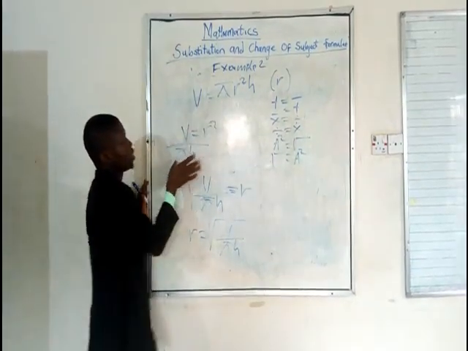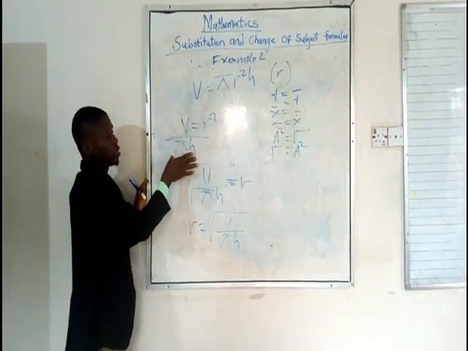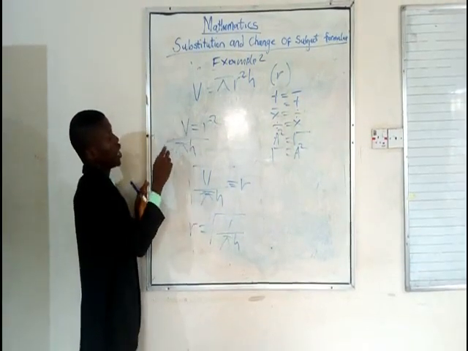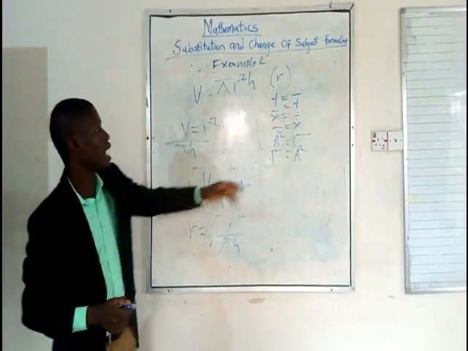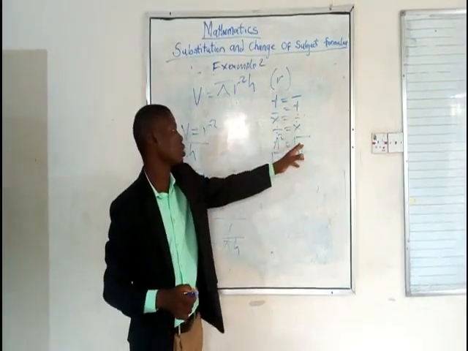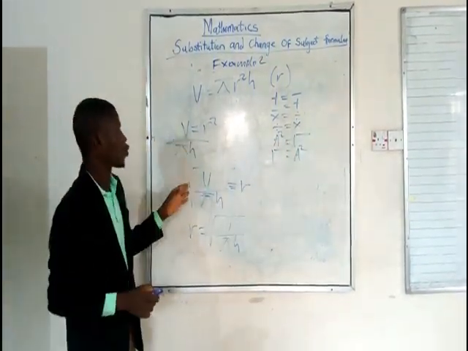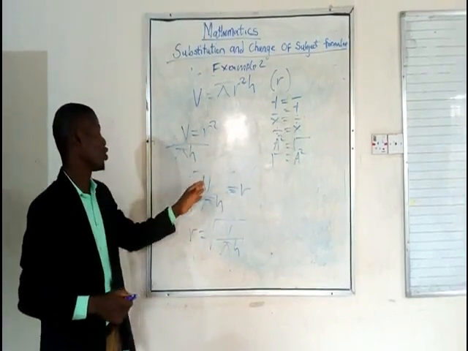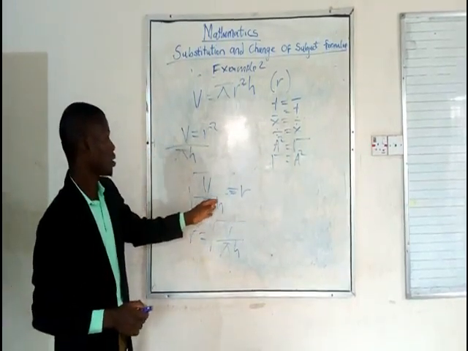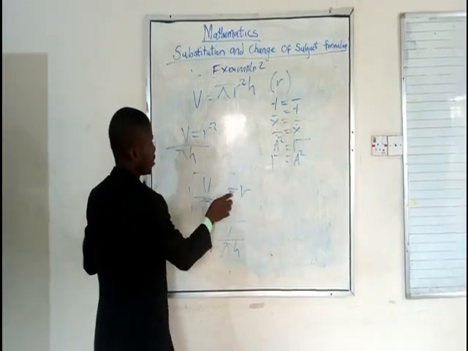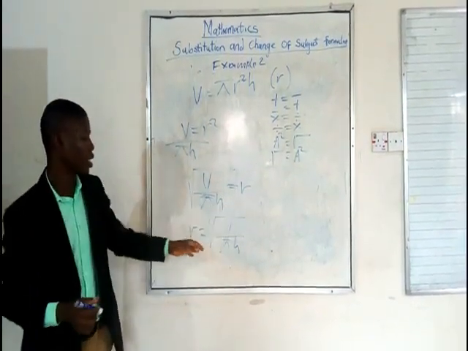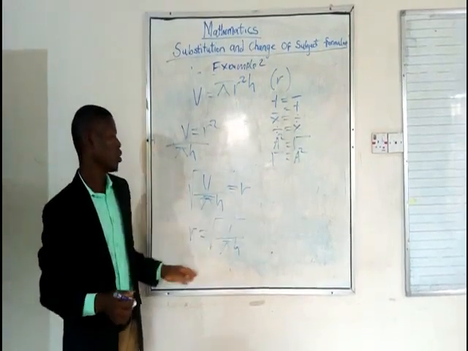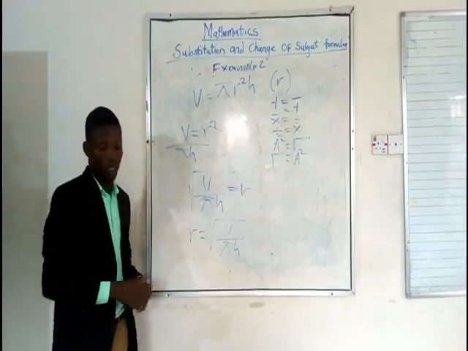So they are times, they will cross over as division. So we get V all over pi h equals r squared. And according to the rule, when a square crosses the equals sign, it gives square root. So r equals square root of V over pi times h.